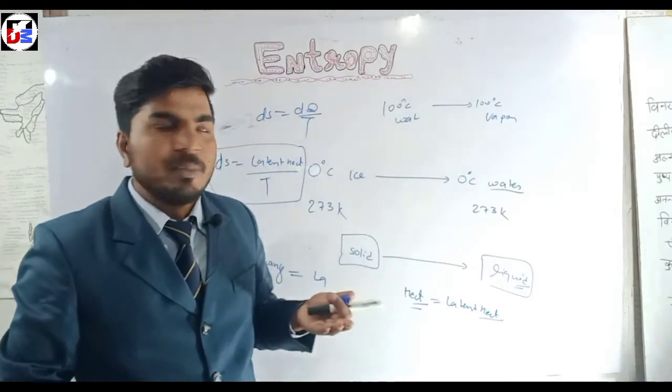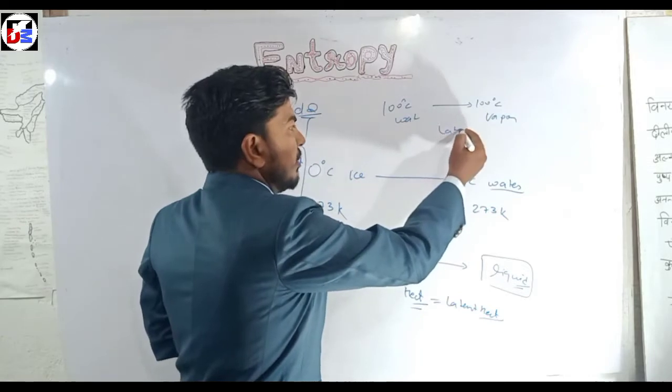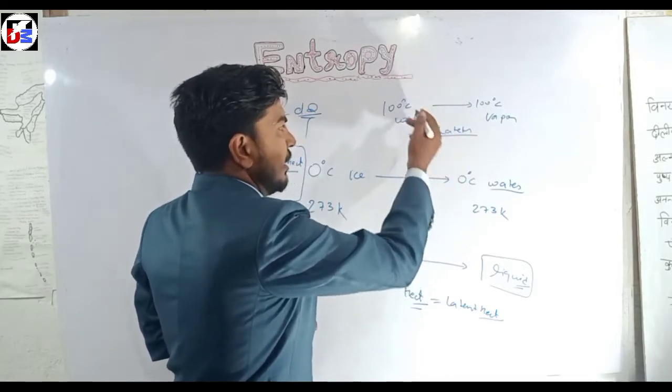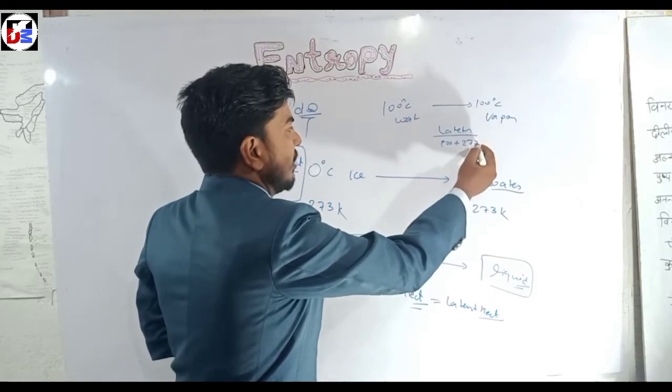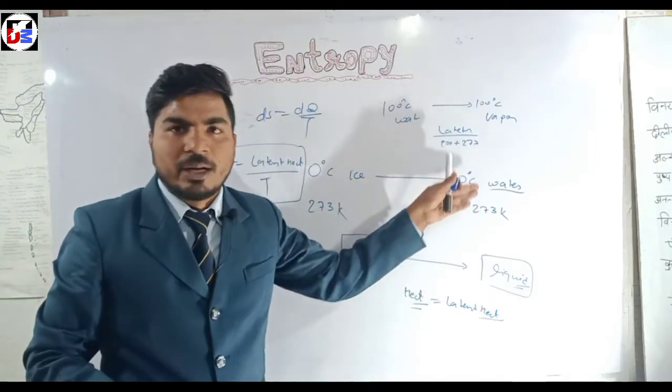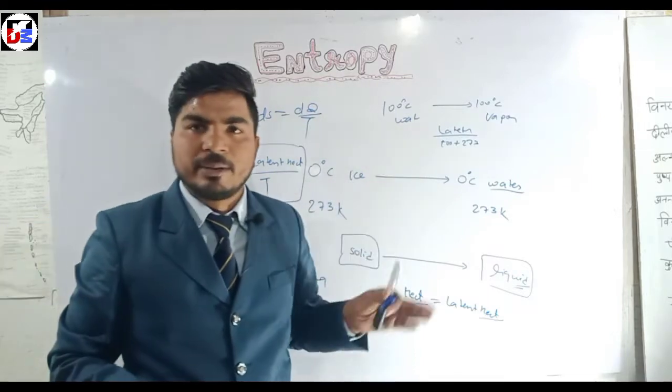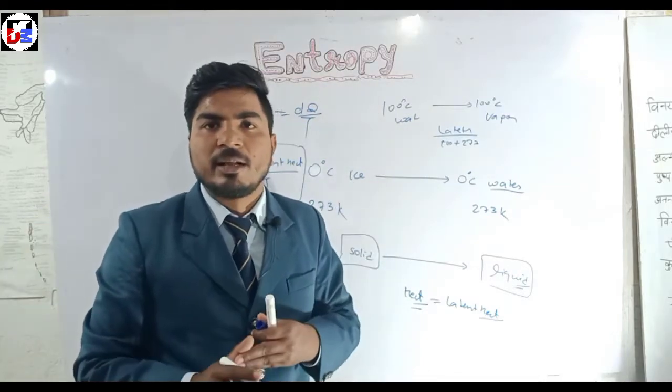You can simply say the latent heat divided by T, the temperature, that means 100 plus 273. This is the value you calculate, and this is called the entropy change in the phase transformation.